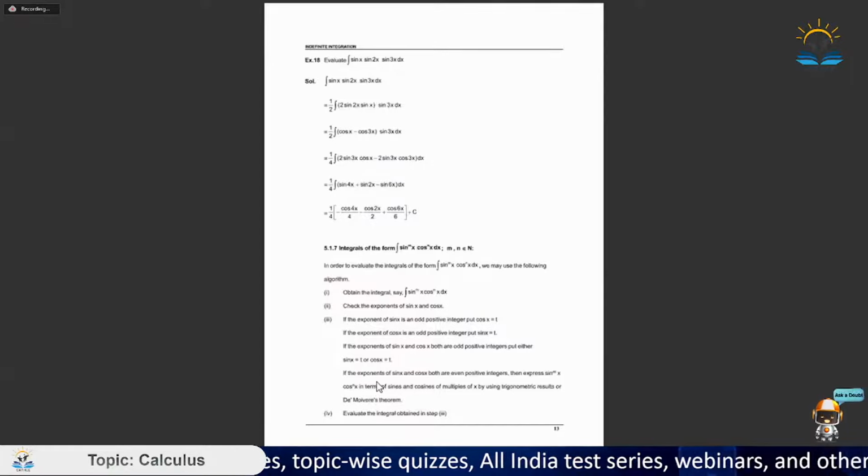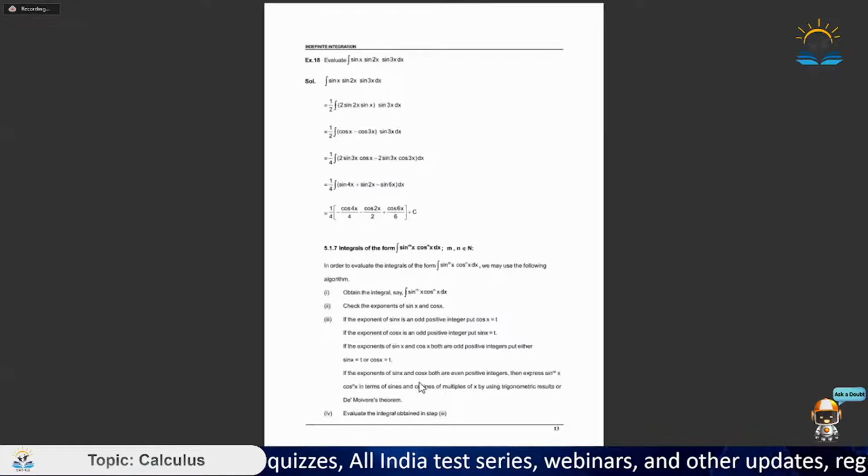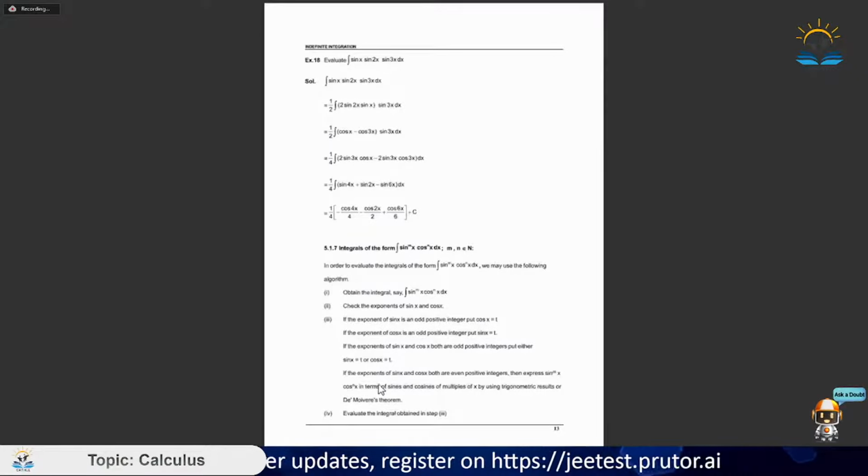Now, what about the other case, if the exponents of sin x and cos x are both even positive integers? Then we express sin x to the power m cos x to the power n in terms of sines and cosines of multiples of x by using trigonometric results or de Moivre's theorem.